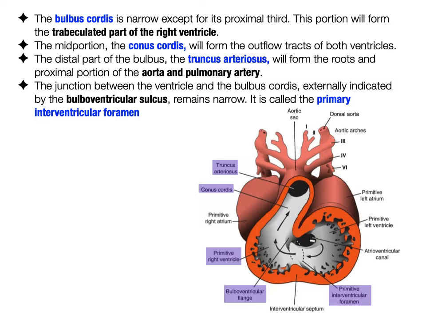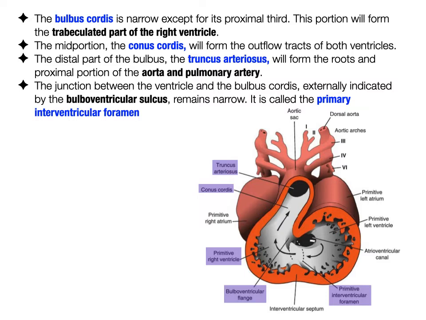So the initial third of the bulbus cordis, which is here in the outflow of the bended tube, also known as conus cordis, also expands to form a part of the right ventricle.